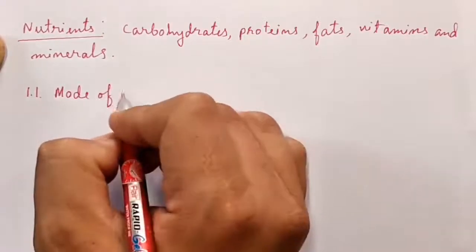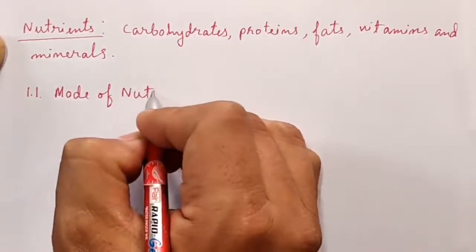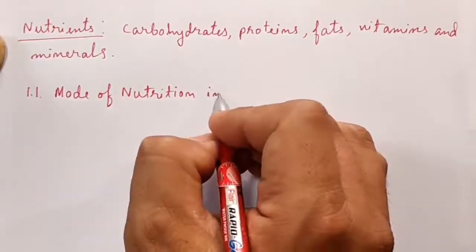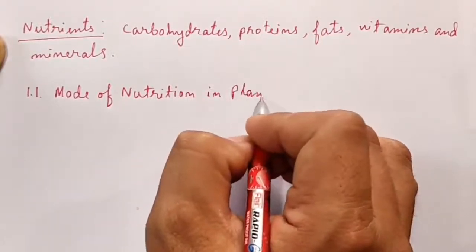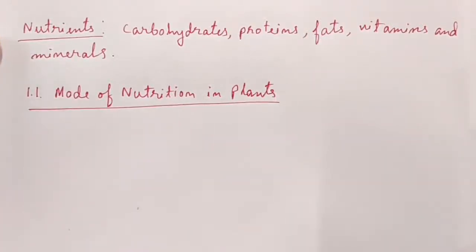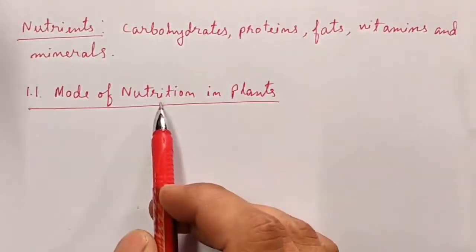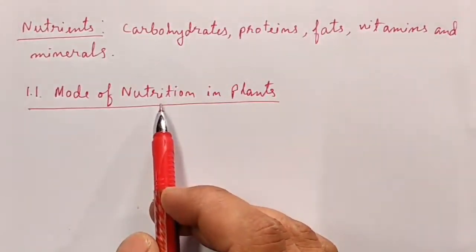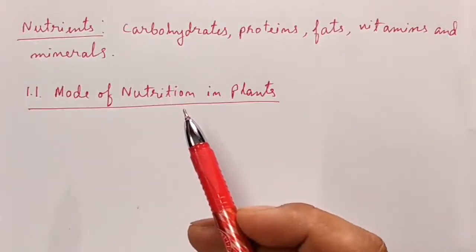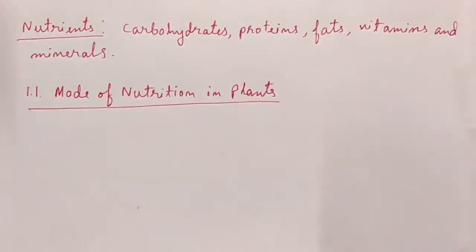Mode of nutrition in plants. Okay, let's discuss what is mode of nutrition in plants. Here we use the term nutrition, which means the mode of taking food by an organism and its utilization by the body.